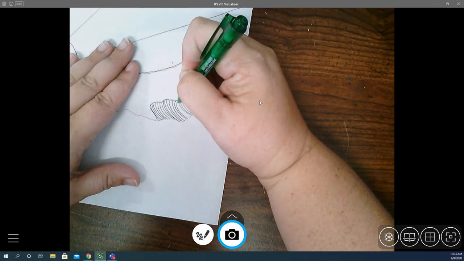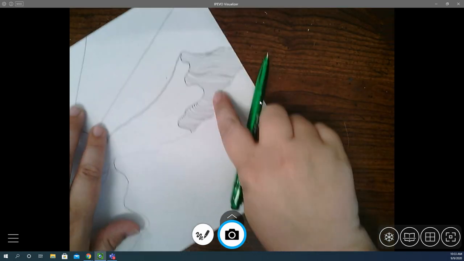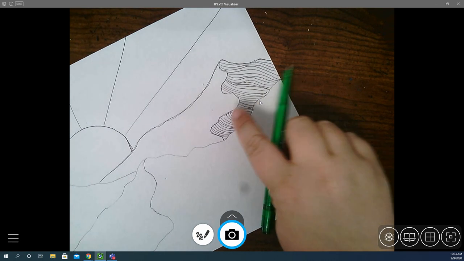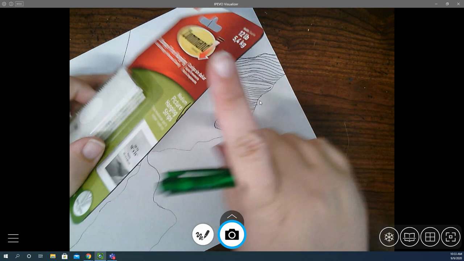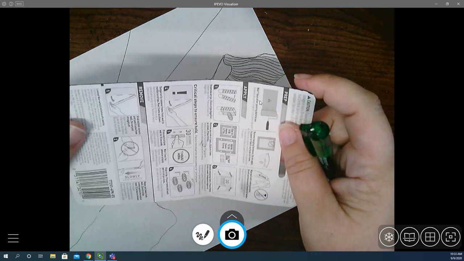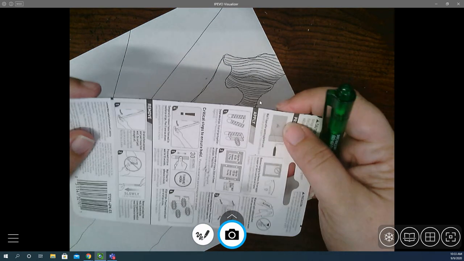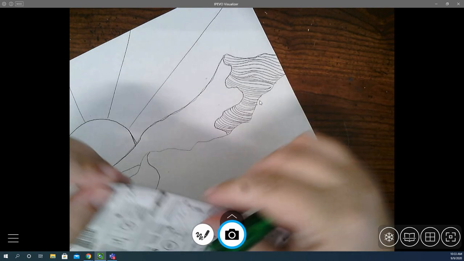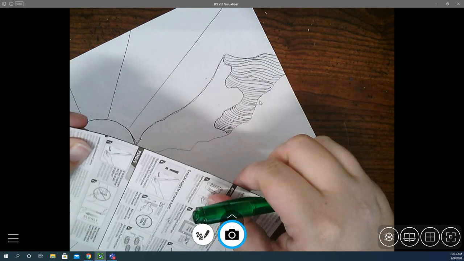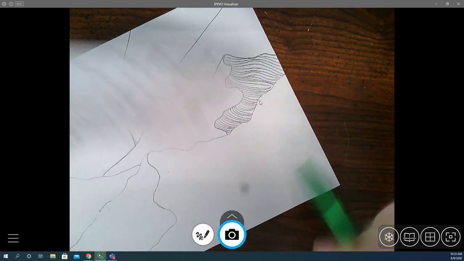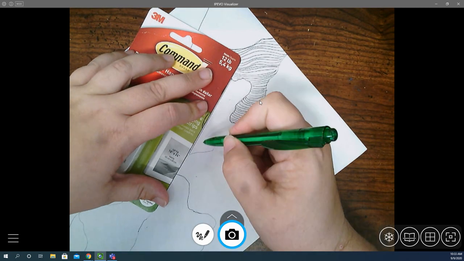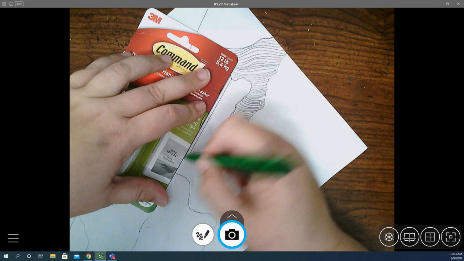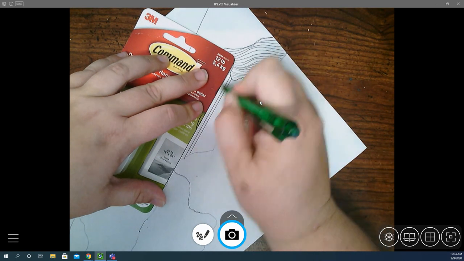Okay, so there's my curved lines on this one. Then for straight lines, if you want them to be totally straight, I have told a lot of people that junk mail is really good for making a straight line. I have this command strip package on my desk that I've been using. You can see the Sharpie marks on it. If you want them to be perfectly straight, just find something that you can hold down the edge of your paper.